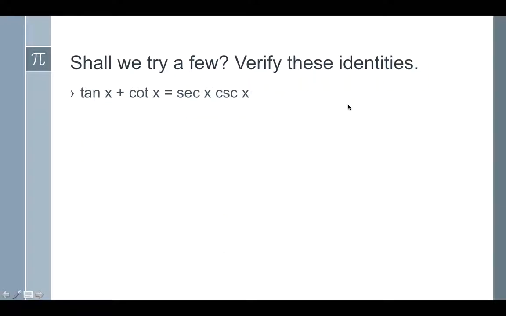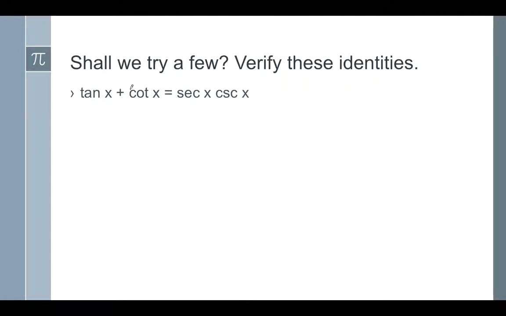Let's keep moving right along here. Tangent plus cotangent equals secant cosecant. Some of these are a little bit more challenging than others, because right now you look at this and you go, I don't really have any Pythagorean identity. I don't really have any big identities that I can use here. But what you do have is a sum of two fractions.